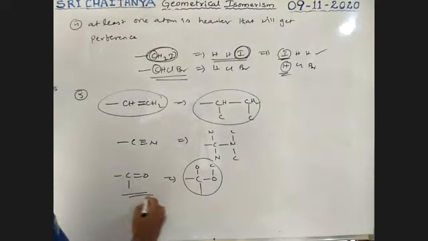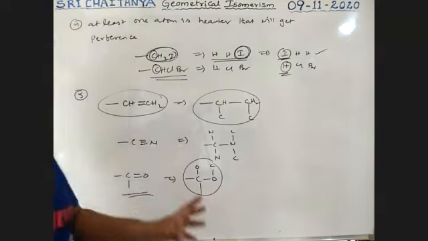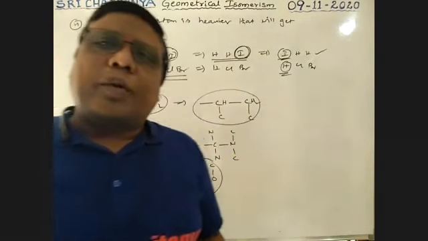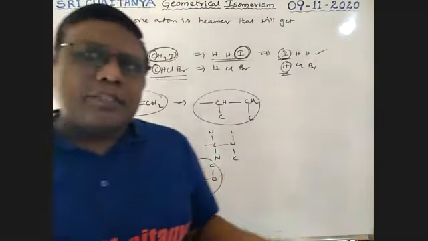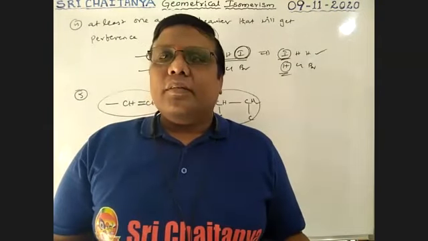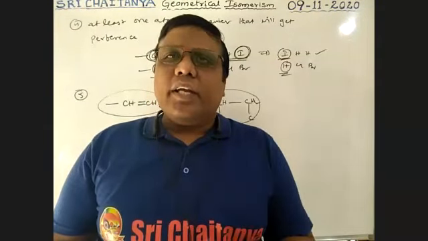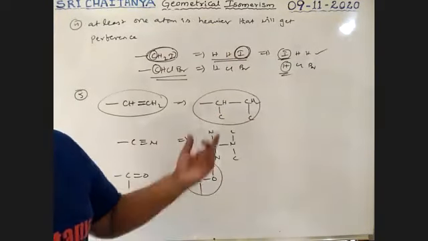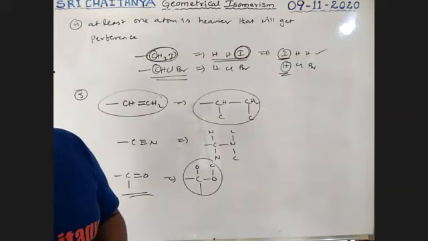Okay, like this, we can identify which one has more priority, which one has less priority. So automatically the more priority group on the same side, that is the same side means cis. Cis means what? E or Z? Z form. Cis means Z form. Okay, so like this priority you should identify, boys.